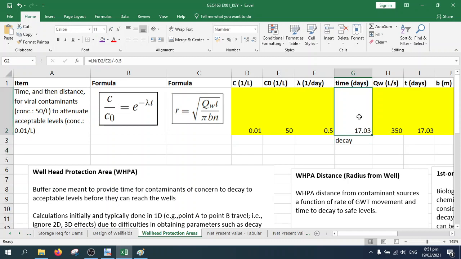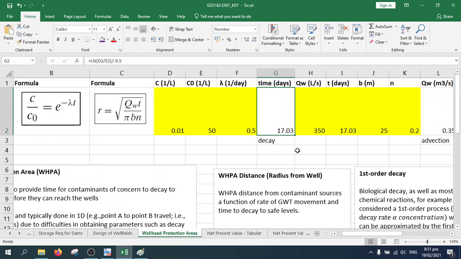So for the virus to reach safe levels, you have to make sure that before it reaches the well, it has traveled for 17 days, 17.3 days, before it reaches your wellhead.